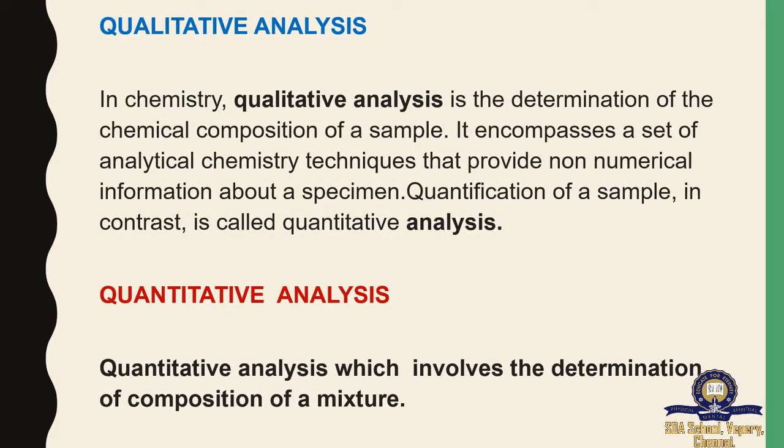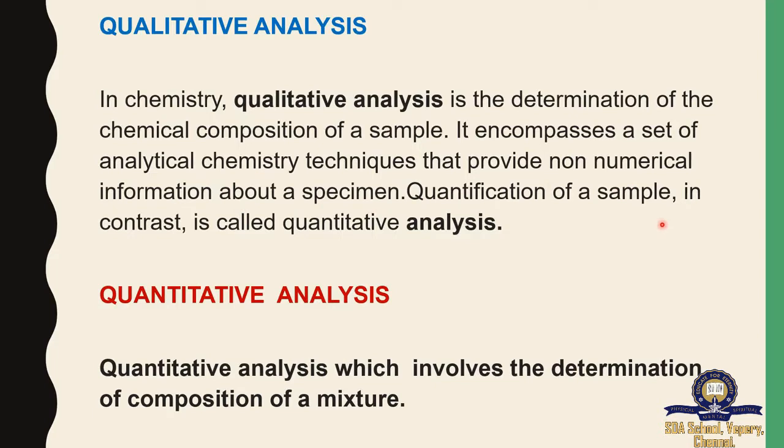The first type, qualitative analysis. In chemistry, qualitative analysis is the determination of the chemical composition of a sample. It encompasses a set of analytical chemistry techniques that provide non-numerical information about a specimen.